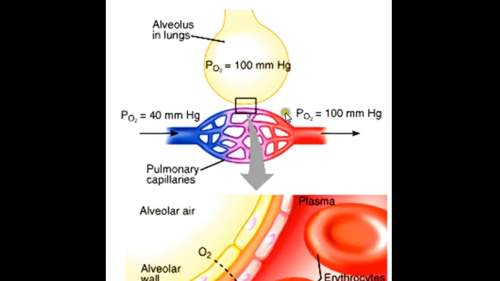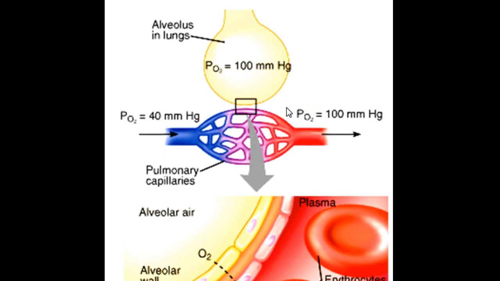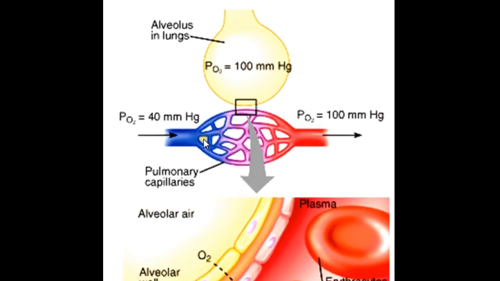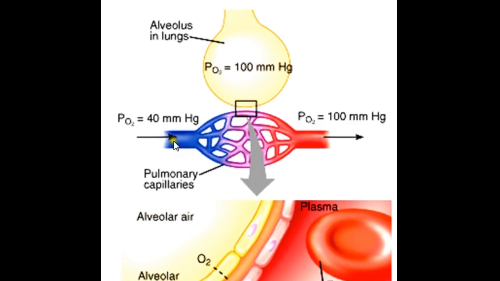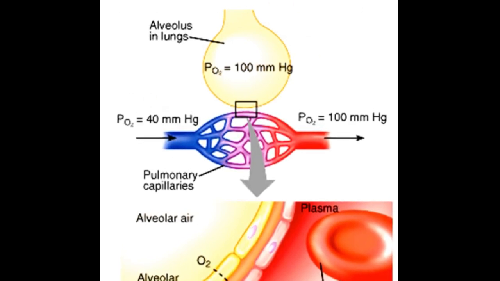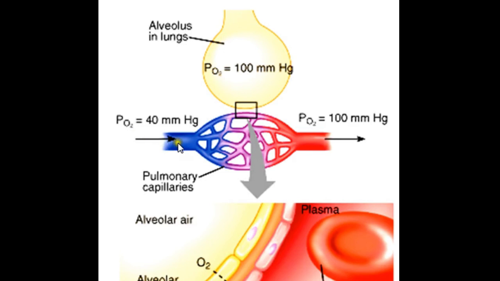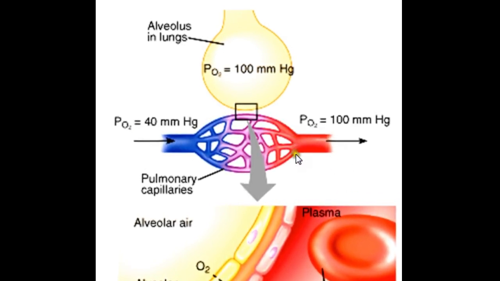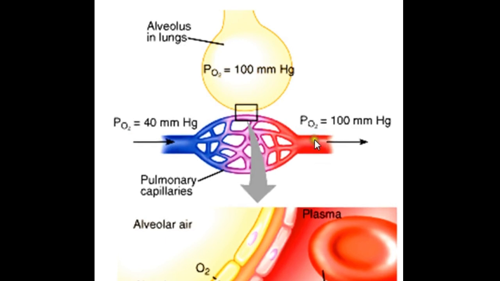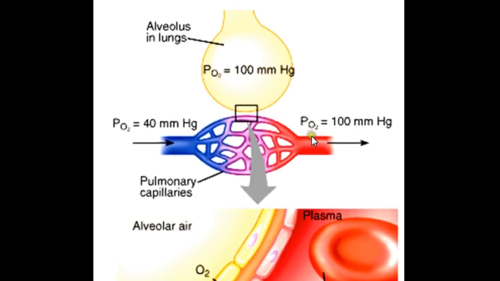Remember that this is the arterial end of the pulmonary capillary, but it has venous blood, and this is the venous end of the pulmonary capillary, but it contains arterial blood.